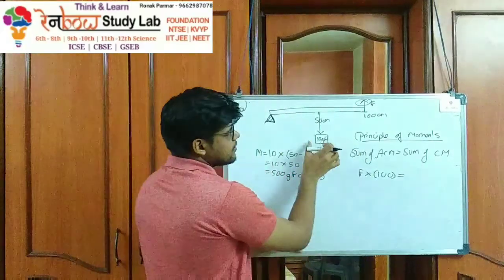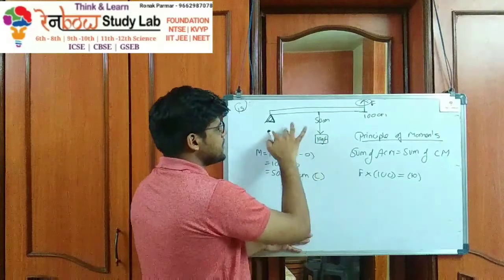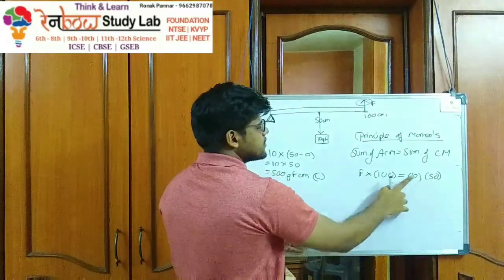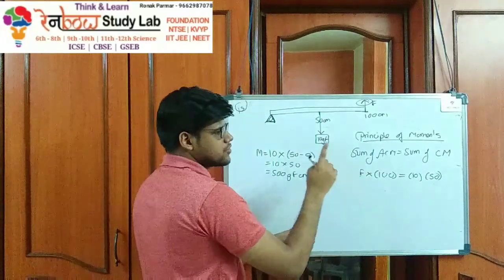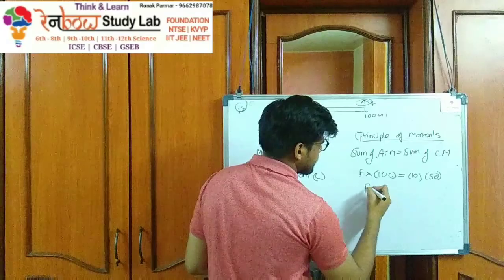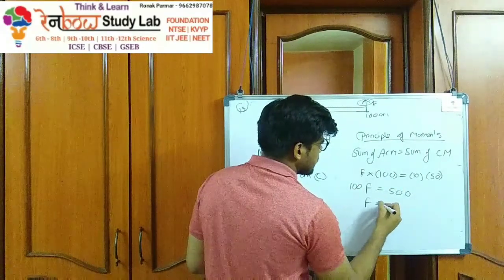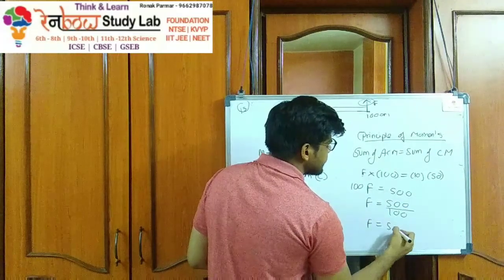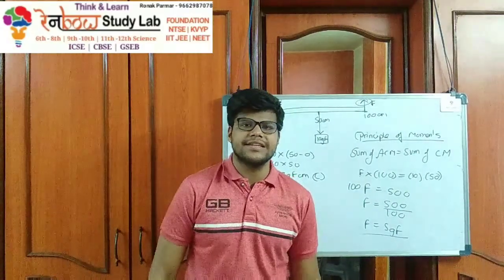And for clockwise, in this particular scenario, 10 is your weight and the distance is 50. Centimeter and centimeter will cancel out. This is gf, so your answer will also be gf. 100 will go in division. So a force of 5 gf must be applied at the 100 centimeter mark.